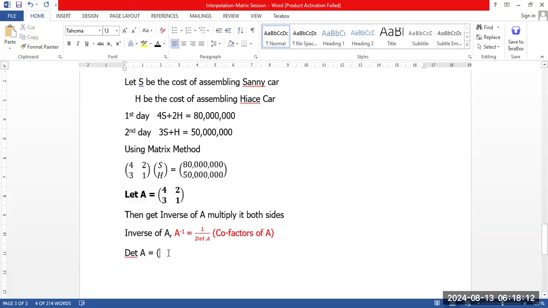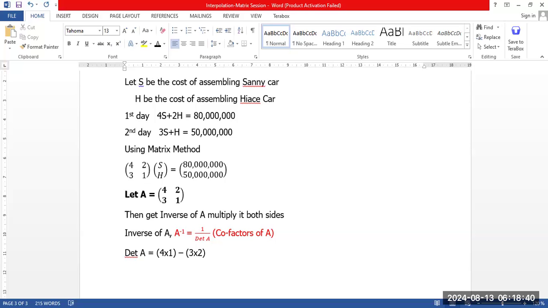So when you're getting the determinant of A, you multiply the figures on the major diagonal, 4 times 1. Then you subtract the product of the figures on the minor diagonal, 3 times 2.